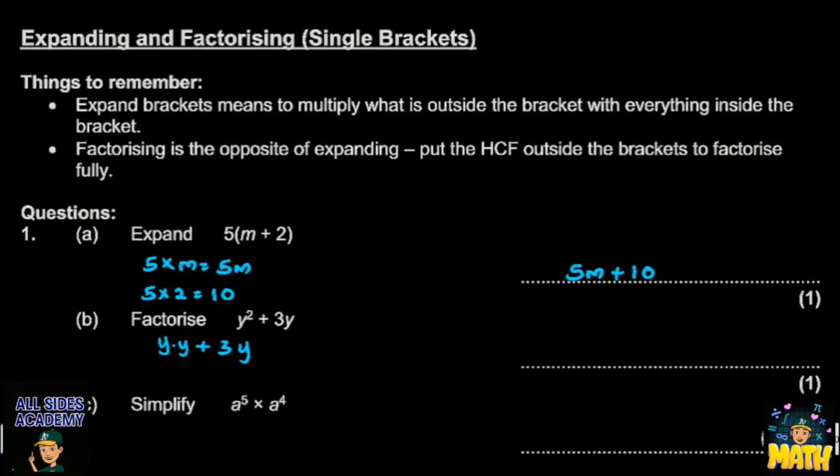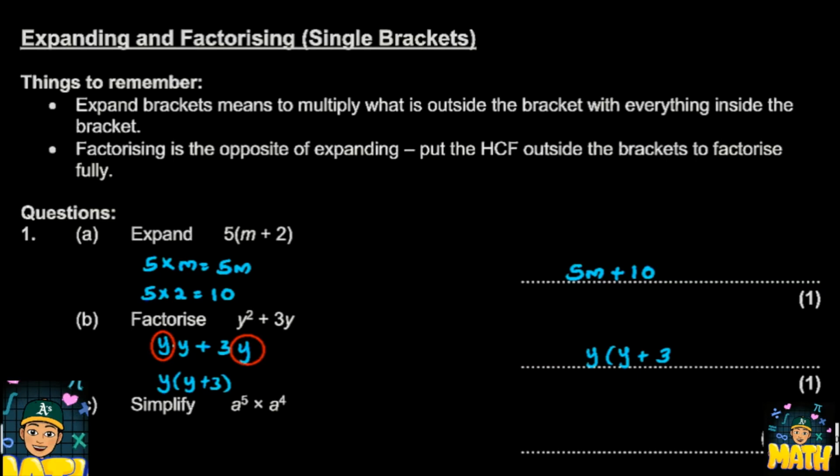So you can see there's a y that is appearing on the first and the second term, and that's the term that I'm going to factor out. So I'll put y outside so that inside I remain with the y that's not circled and the 3. So y plus 3. And I have factorized that to be y into y plus 3.